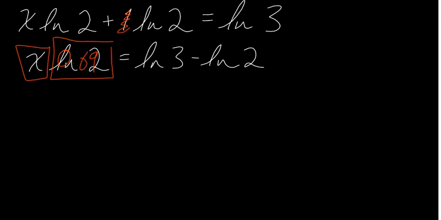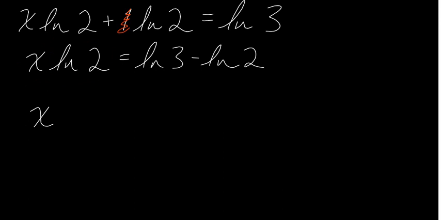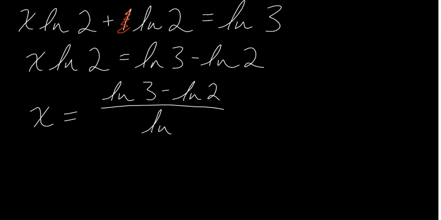We would divide both sides by 0.69. So we're going to divide both sides by natural log of 2. We end up with x is equal to natural log of 3 minus natural log of 2, all over the natural log of 2.